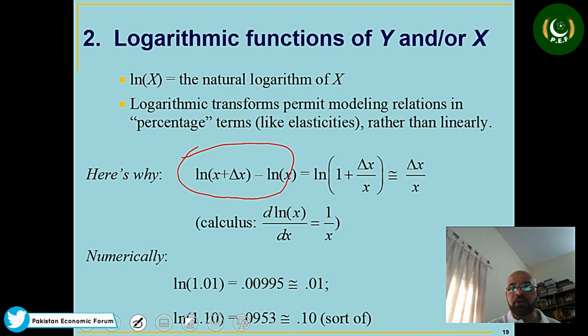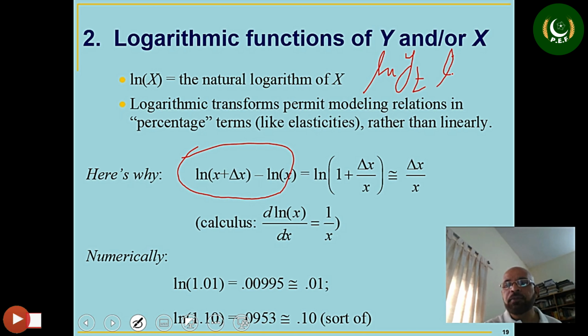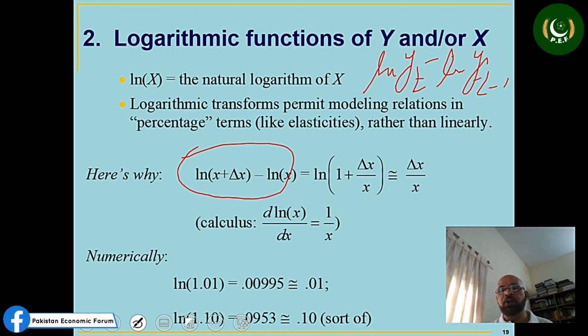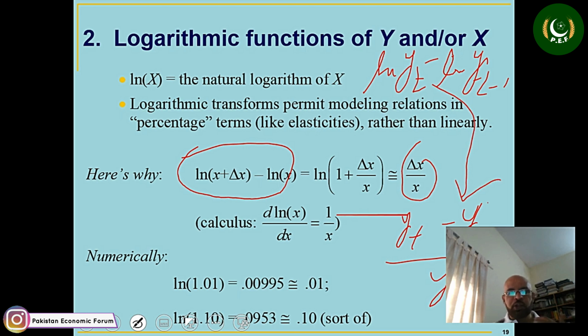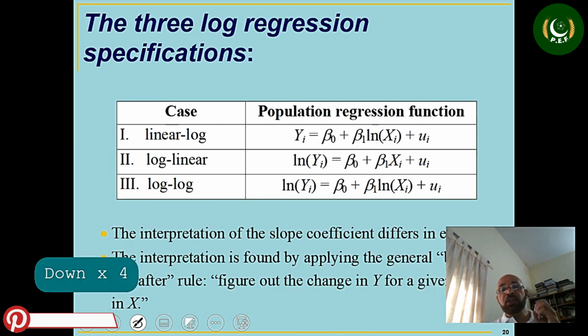So when you take log of GDP minus log of GDP in the last quarter or last year, this is basically the growth rate, and you can either measure it as change in Y_t minus 1 divided by Y_t, or you do it this way. So therefore when you take log and then take the difference, that is the growth rate. It's a very close approximation.